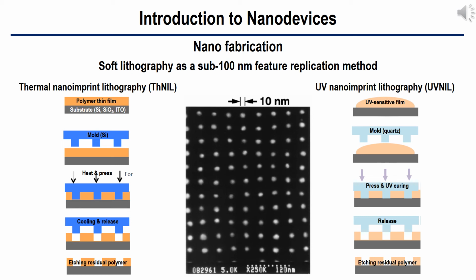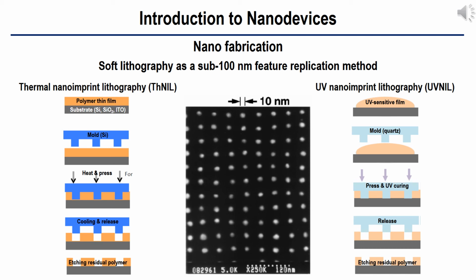The second one is UV nanoimprint lithography. This lithography is similar to thermal nanoimprint lithography. Deposit UV-sensitive resist on the substrate. The nanoimprint mold, which is usually in quartz, is made using EBL and with an anti-sticking coating.